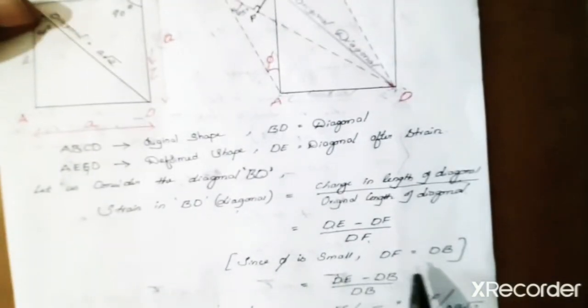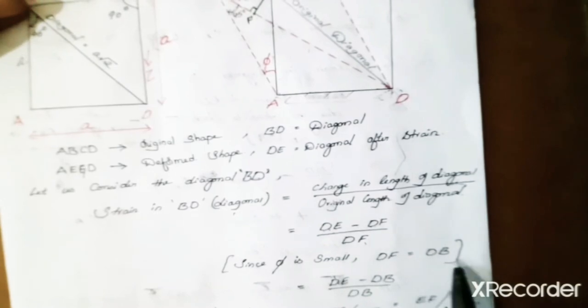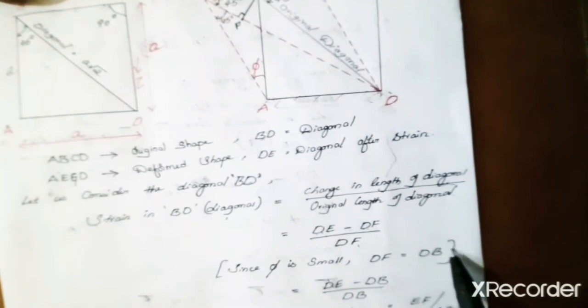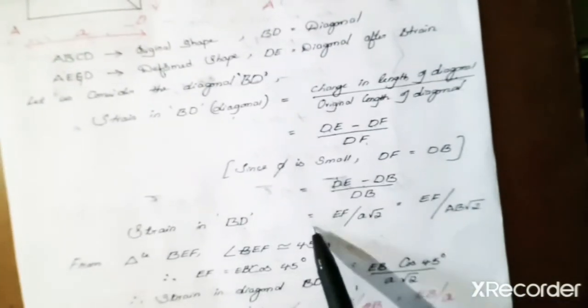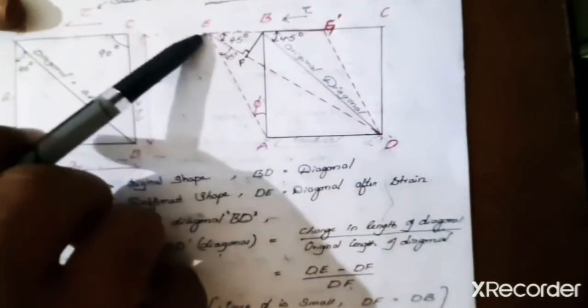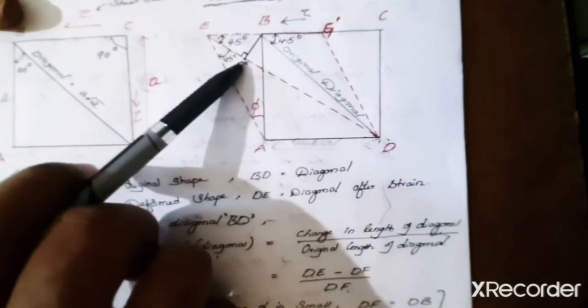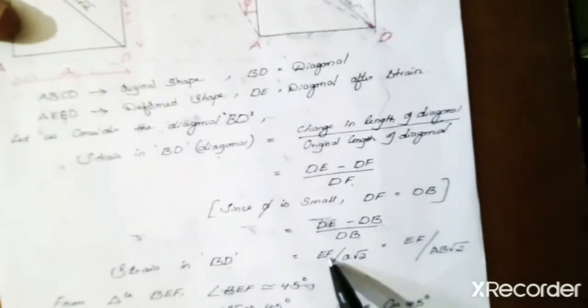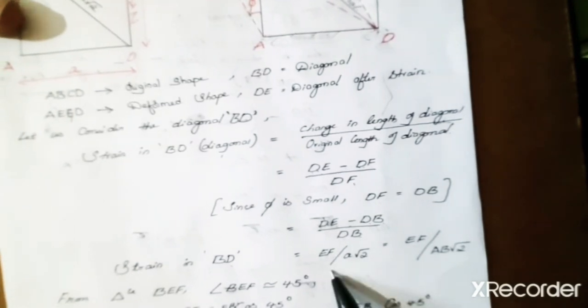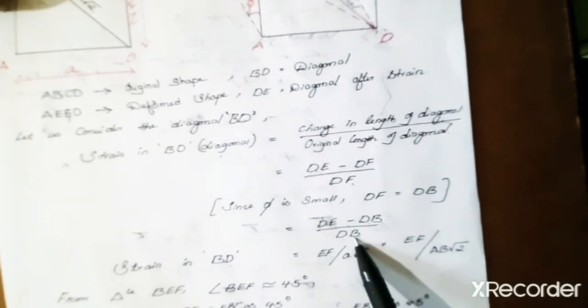Since phi is small, DF is going to be equal to DB, as I said earlier, approximately. So I'm just replacing it with DB. So DE minus DB divided by DB. Therefore, strain in diagonal DB is equal to, as you can see in the figure, the difference between this value and this value, which is EF. So I'm directly writing EF divided by the original length of the diagonal.